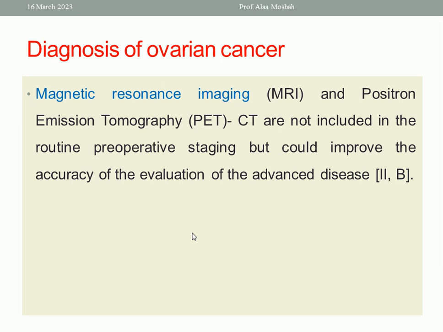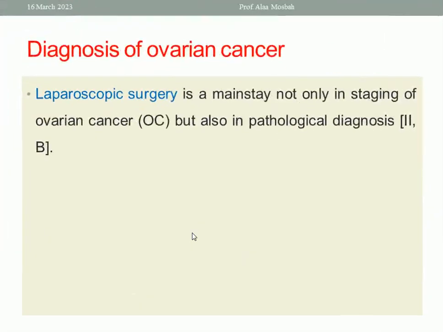So sometimes I need an imaging to help me more in advanced cases, so I may need MRI or PET scan. But as a routine preoperative staging, no. It's quite enough to do CT, chest, abdomen, and the pelvis. I hope it is clear enough. What about laparoscopy? Laparoscopic surgery is the mainstay not only in staging of ovarian cancer, but also in the pathologic diagnosis.